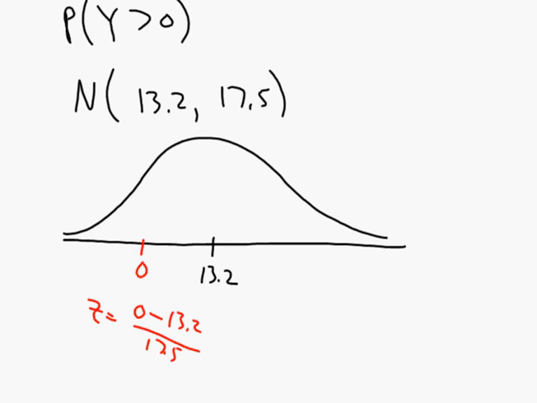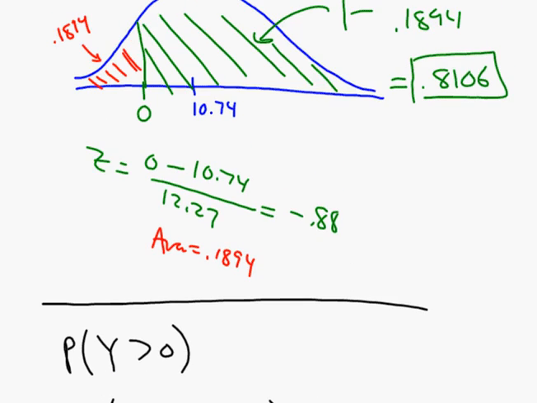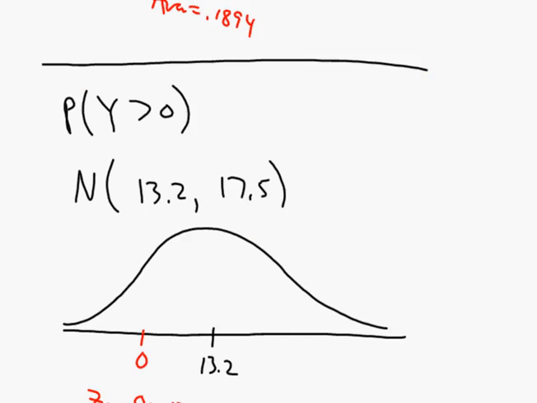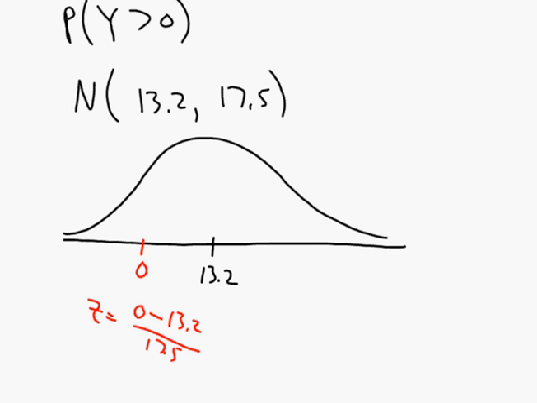Okay, so you might notice right away, this is not as many standard deviations away as in the other question. The other question, we were negative 0.88 standard deviations below the mean. In this case, I don't think we're going to get that far. Negative 13.2 divided by 17.5 gives us about negative 0.75 standard deviations below the mean.